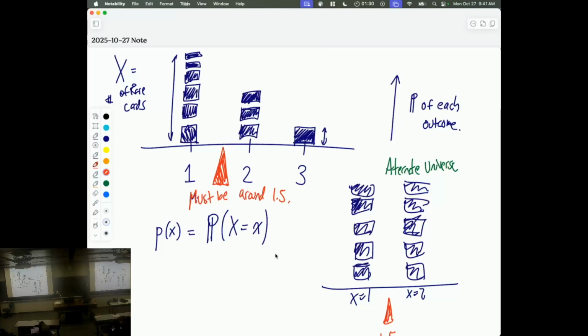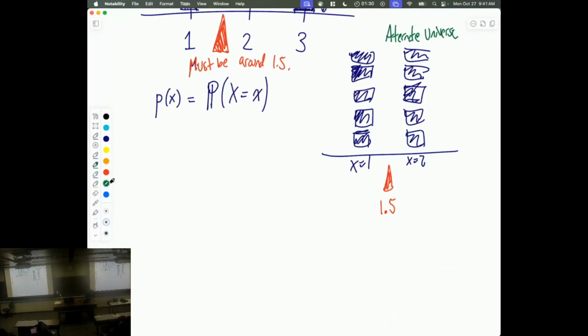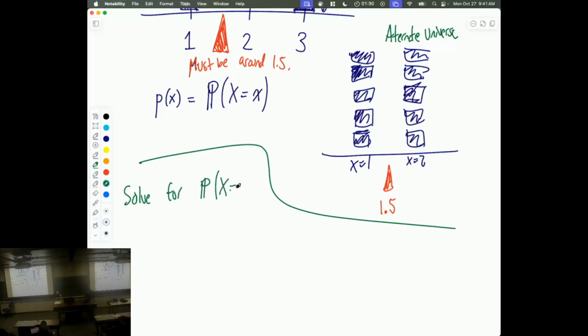And the way I would do it is you could just count up the boxes. So how many boxes are there? There's 6 boxes here. Okay, let's write down what we're doing. Solve for the probability x equals 3.